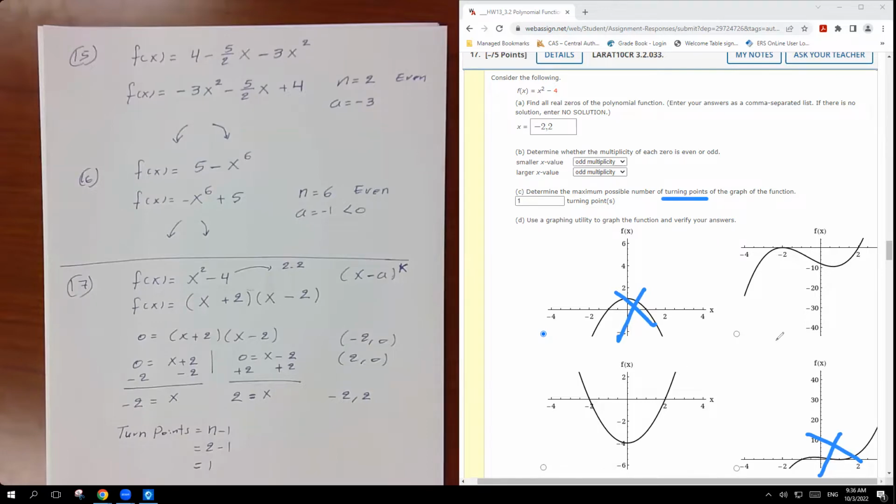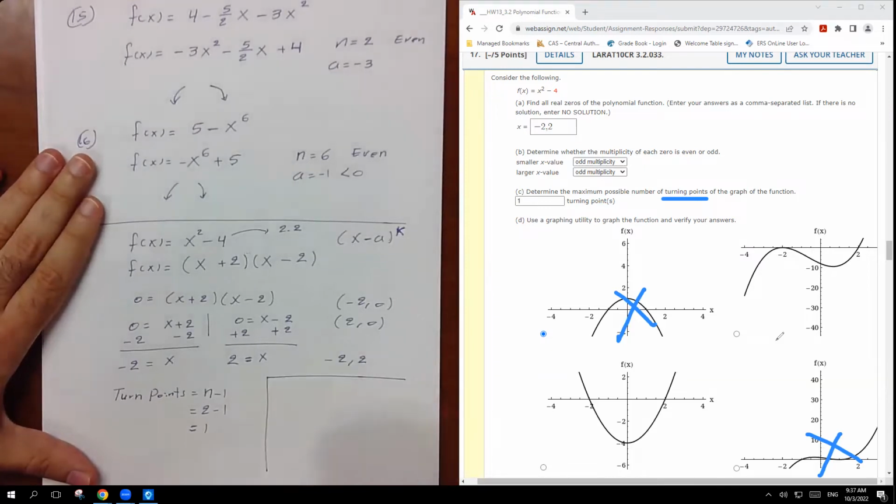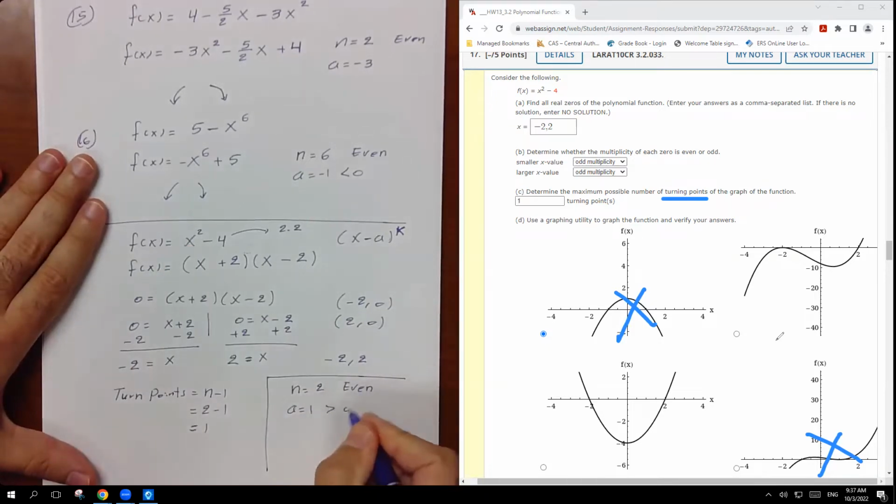I know you're going to use the calculator to find the right one, but let's check. What's the next step? I'm going to find the y-intercept, and I'm going to find the end behavior. So let's locate the end behavior first. For the left side, n equals 2, which is even. a equals 1, which is greater than 0.